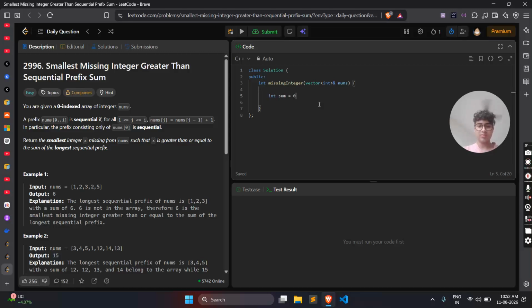So sum is equal to 0, for int j equals to 1, j less than n, j plus plus.